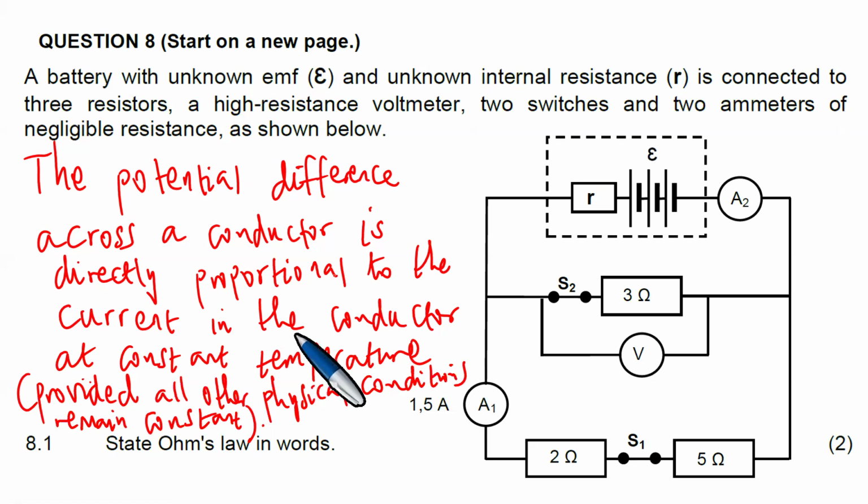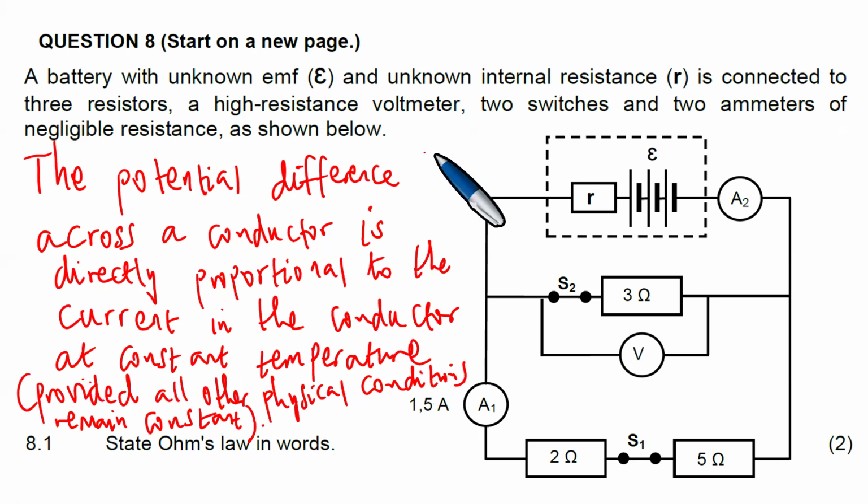The potential difference across a conductor is directly proportional to the current in the conductor at constant temperature, provided all other physical conditions remain constant.